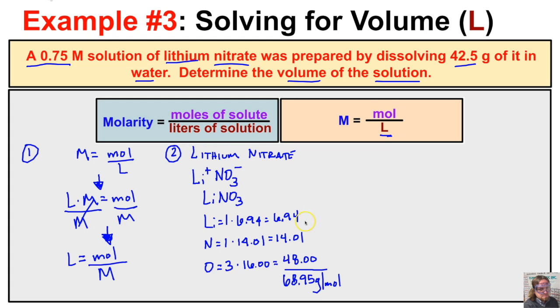And so let's figure out how many moles of lithium nitrate we have. So if we take a look, we have 42.5 grams of lithium nitrate. We're going to convert this to moles. We know that 1 mole of lithium nitrate is 68.95 grams.